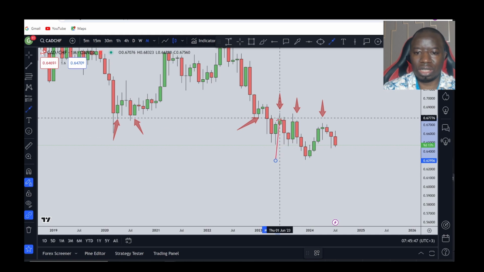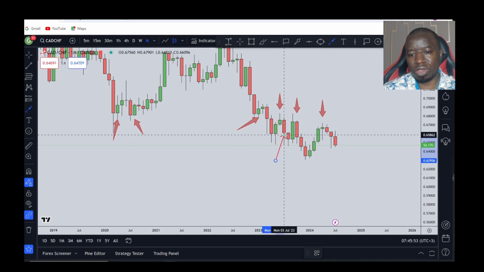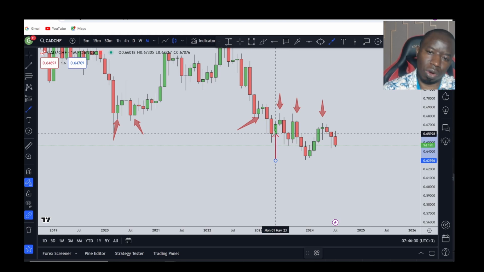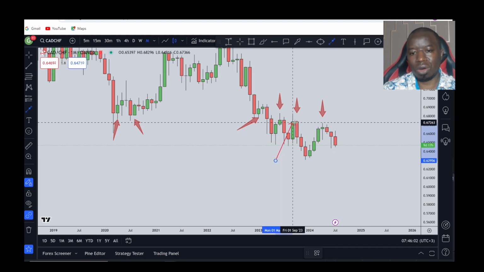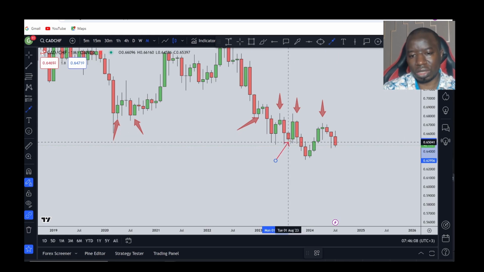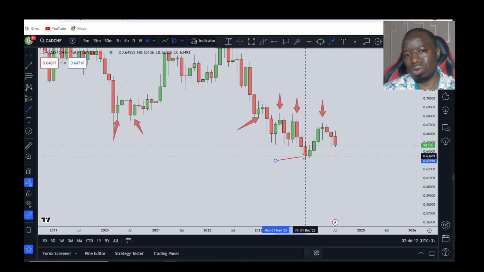Right here, after being rejected at this area, price made a strong move to the downside, breaking below this support area, and it closed below it to create a new lower low. The same thing happened here: once it tested it again, it was rejected and came dropping, and it was able to break below this support area to create a new lower low.